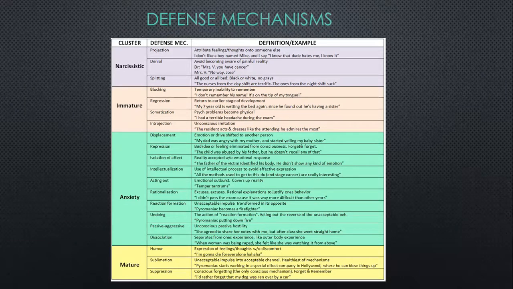So, for example, if somebody is really fascinated with fires, instead of going around and starting fires, they may become a firefighter so that they get that fix without using that tendency in a negative way. And then we have suppression, which is the conscious forgetting of something that really is more painful or distracting for us to remember.